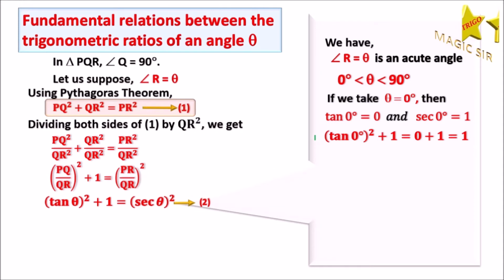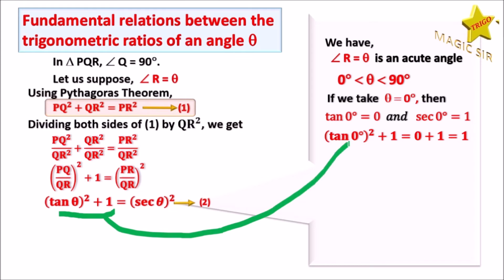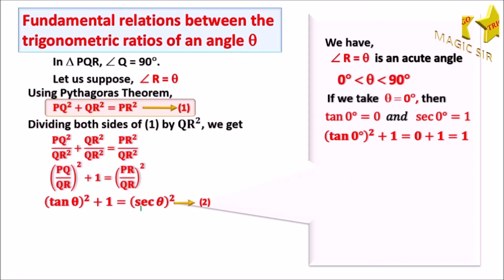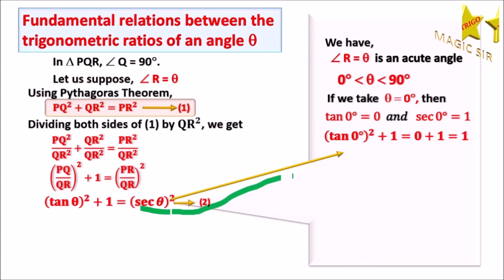So from the left hand side of equation 2, we take theta equal to 0 degrees. So (tan 0 degrees)^2 plus 1 is equal to 0 plus 1 equal to 1. And on the right hand side of equation 2, we have (sec 0 degrees)^2 equal to 1, because sec 0 degrees is equal to 1.